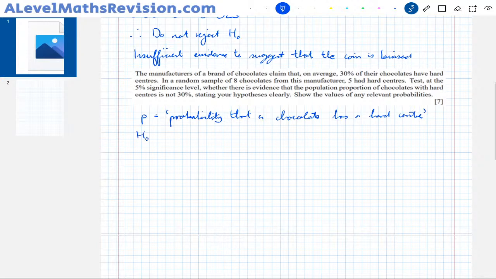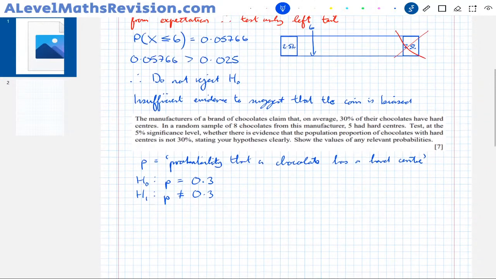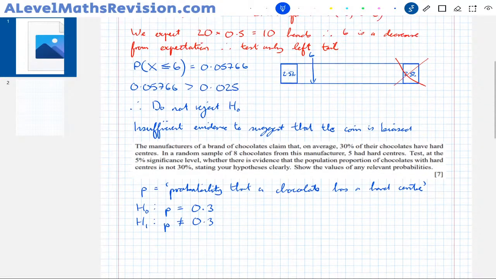Now, null hypothesis. Well, the manufacturer claims 30%. However, that's disputed and doesn't tell us whether it's more than or less than 30%, just that it's not 30%. So there's your first 2 marks for those 3 statements.